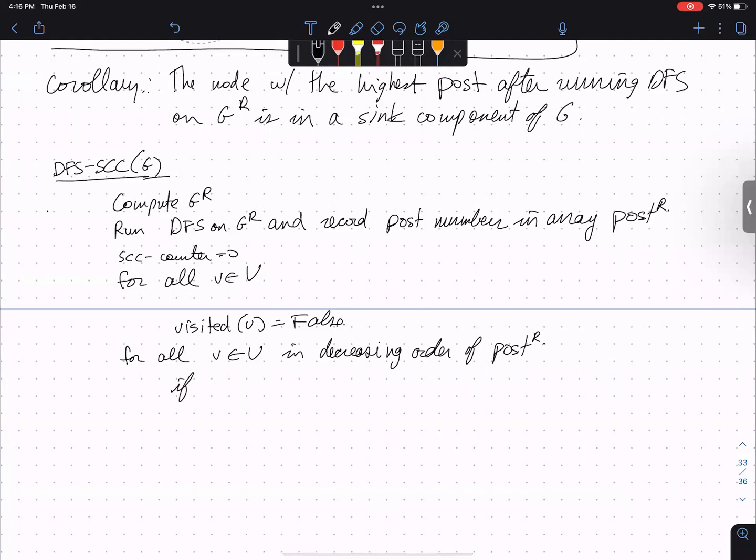And inside here, just as in the regular DFS, if not visited V, then we explore it. And when we're done, we increment our counter. And that's it.